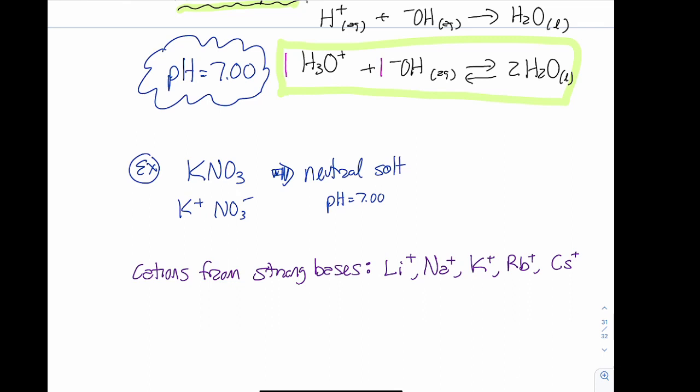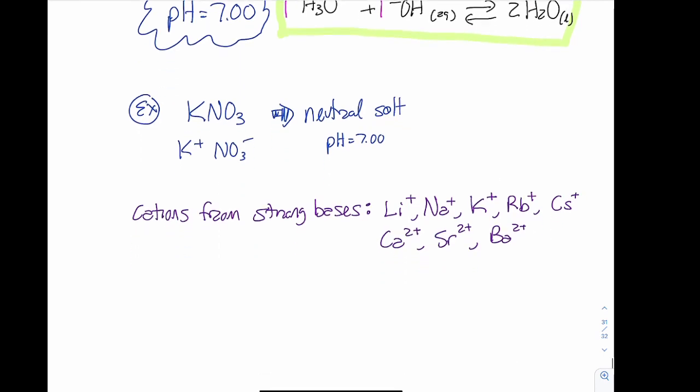That's supposed to be positive charges. It looks like I'm making a little cross. And then from group 2A, we also had calcium, strontium, and barium. So if your salt contains one of these ions, the ions themselves are inert.